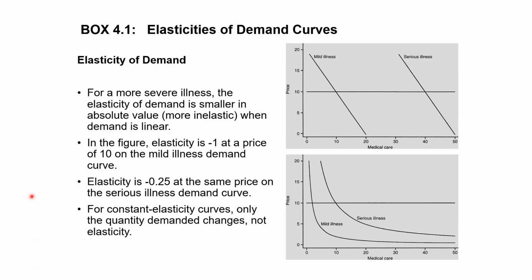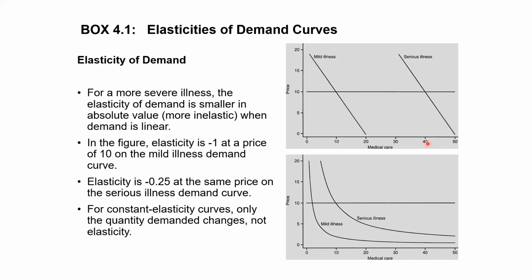And what is also important to note is that when you have a severe illness, the elasticity of the demand shifts, no, to the right. So mild illness, this will be your demand curve. For serious illness, this would be your demand curve.